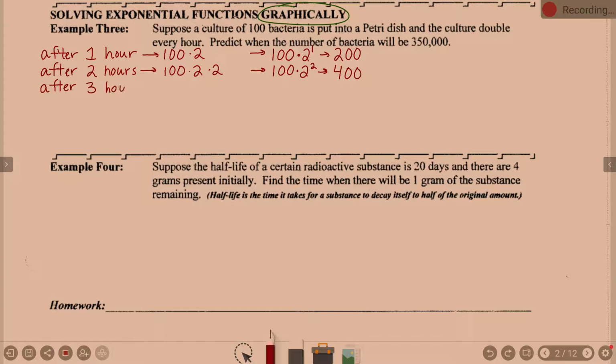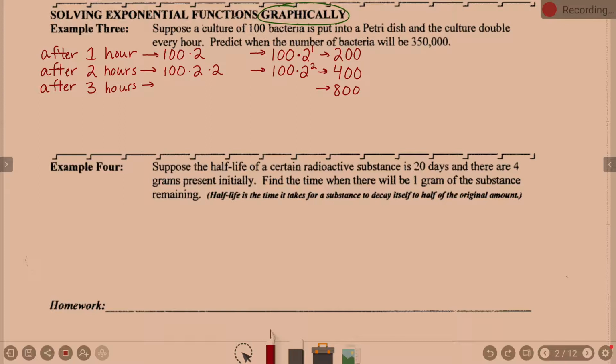Let's talk about our bacteria after 3 hours. Are you wanting to give me the end? After 3 hours, we're at 400 times 2, which is 800.